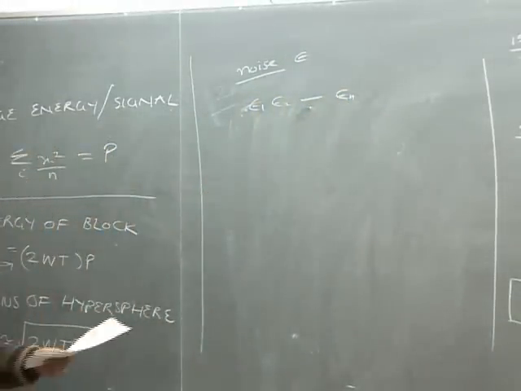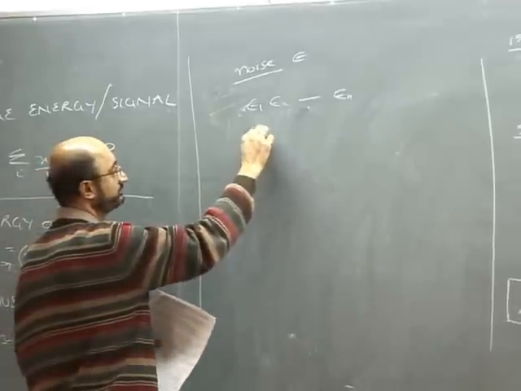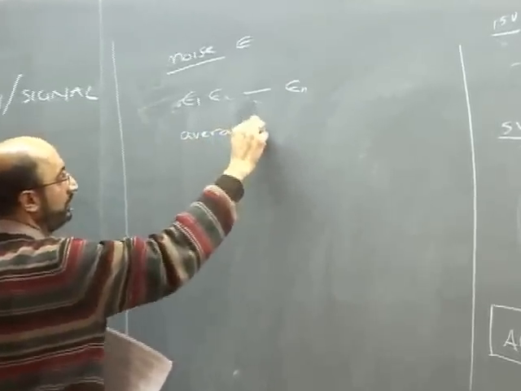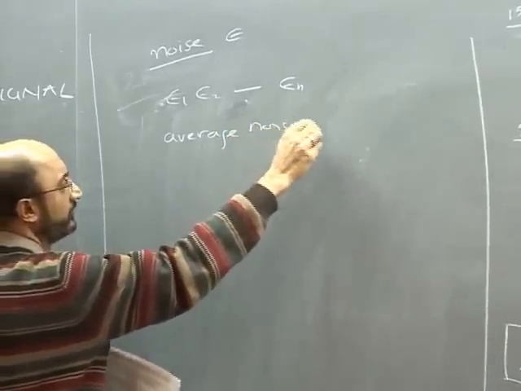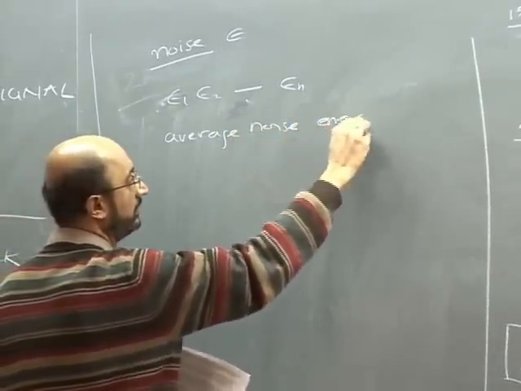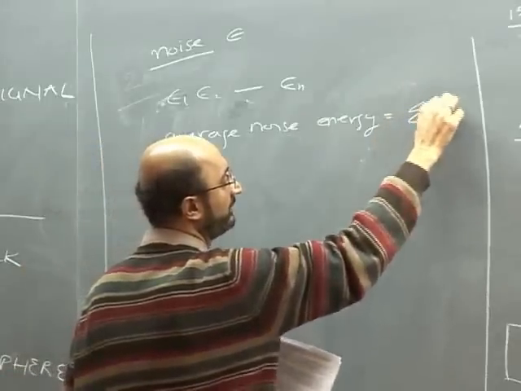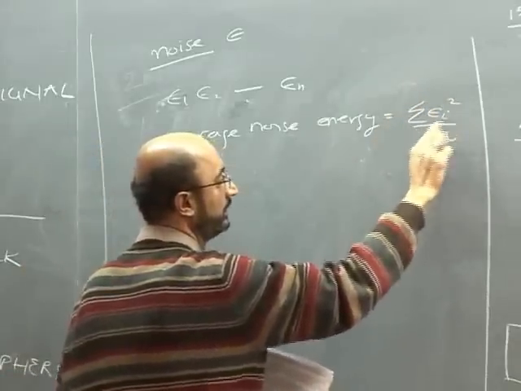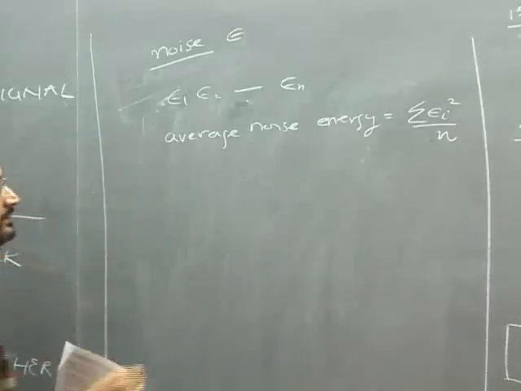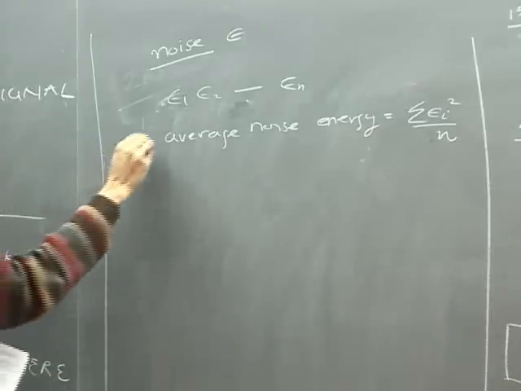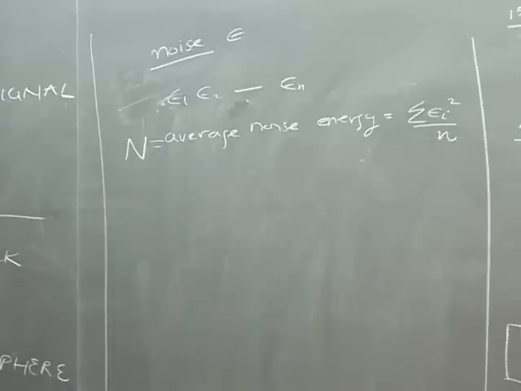And the average noise power, noise energy, I guess, is going to be sigma epsilon i squared by n, and I'm going to denote this by capital N.